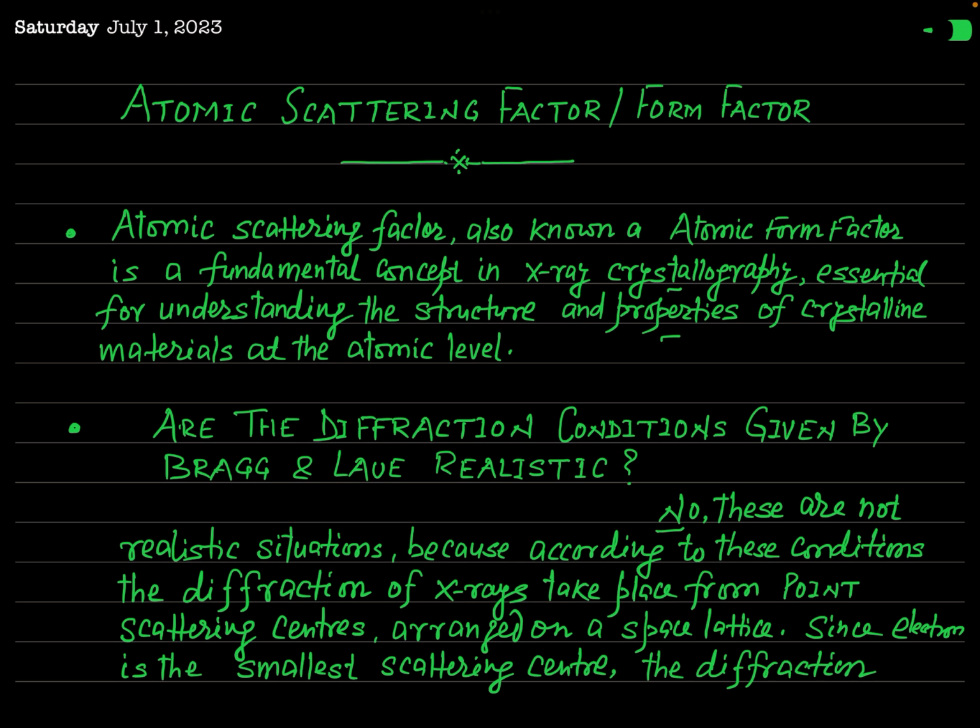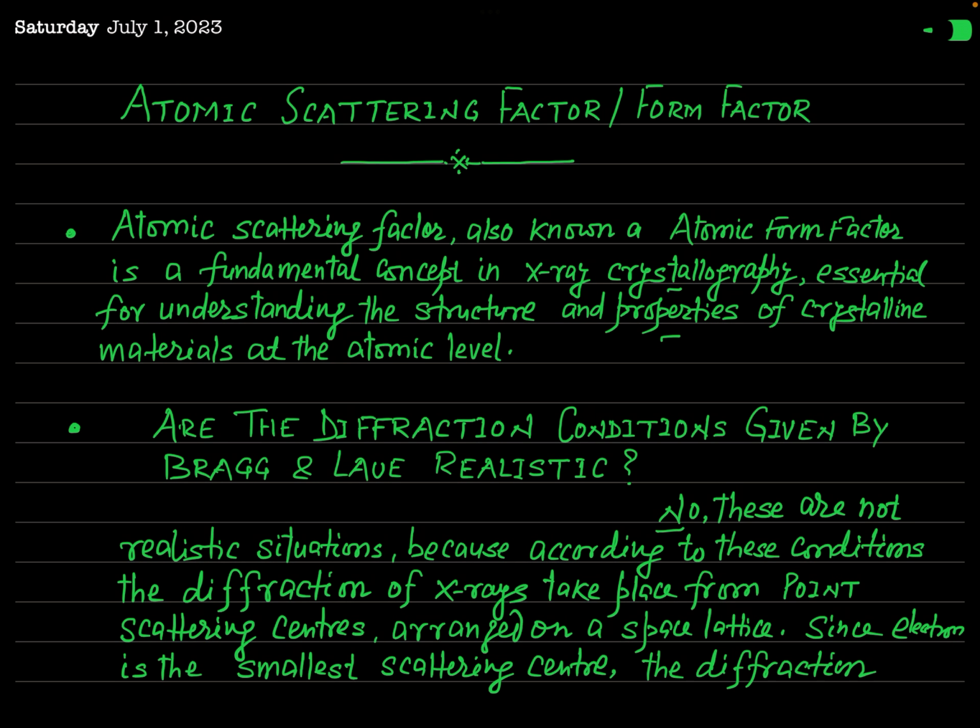But in a real crystal, is it possible that the scattering will take place from a point scattering center? When you talk about a real crystal, you know the crystals are made up of atoms, and these atoms are located at the lattice points. In a crystal, the smallest point mass is the electron.